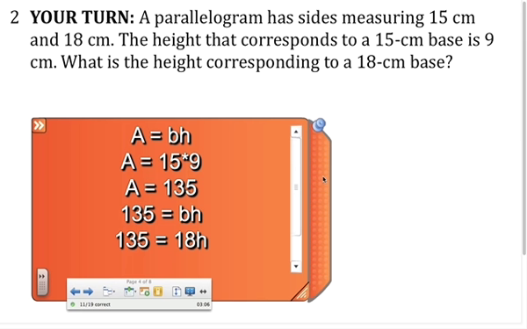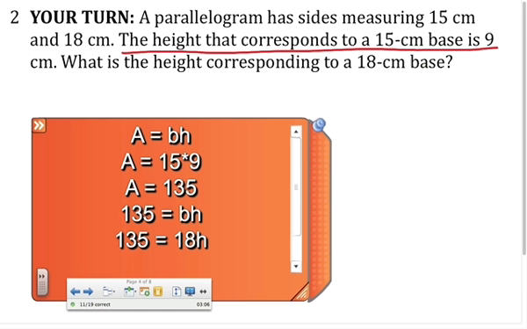As I mentioned earlier, I think it's a lot easier without the diagram if you're reading it carefully, especially if you start reading that second sentence. That second sentence says that the height corresponding to the 15 centimeter base is 9.